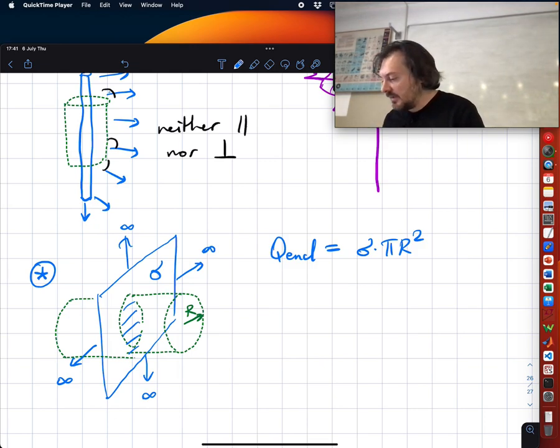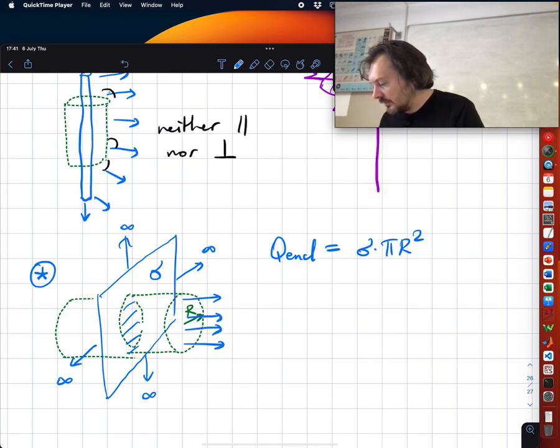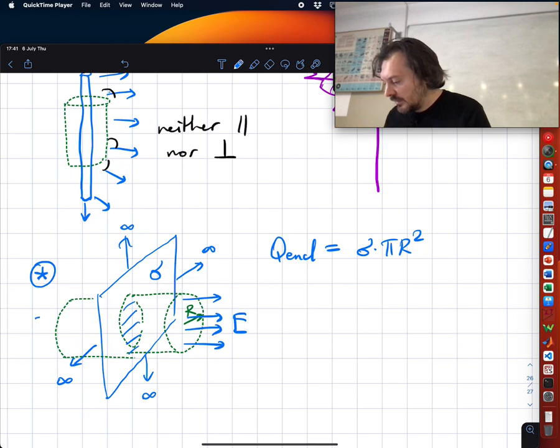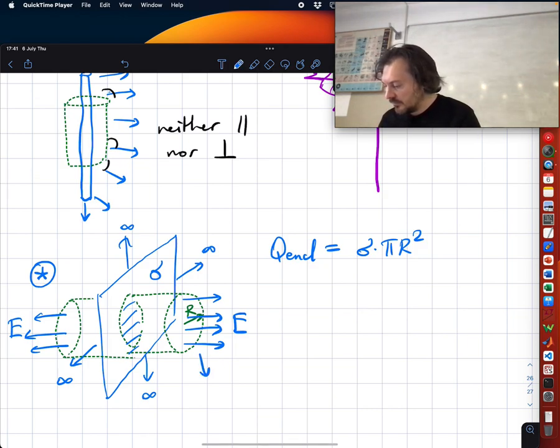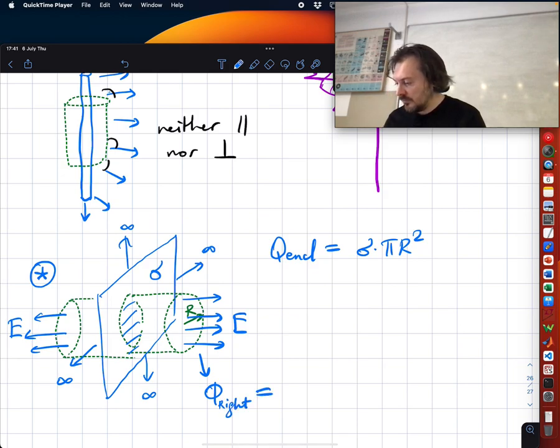Now, how about the electric field? There is an electric field going out in this direction, which is E, and another one that is going out in this direction, which is also E. So what is the contribution to the total flux from the right-hand side? E times A. Everybody agrees with this? E times the area, right?